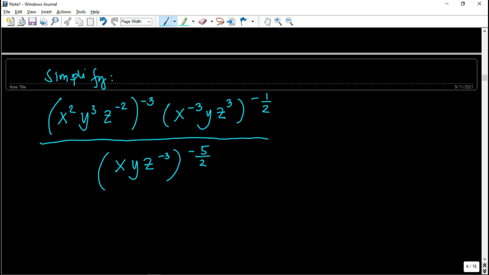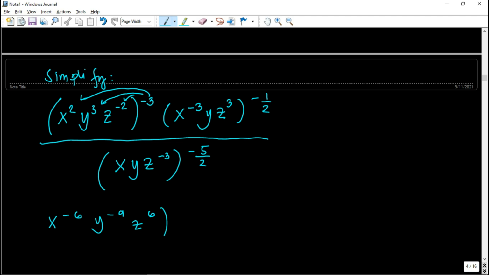So we have here x squared. We just multiply the exponents. So 2 times negative 3 is negative 6, so this becomes x raised to negative 6. Then 3 times negative 3 is negative 9, so y raised to negative 9. Then negative 2 times negative 3: negative times negative is positive, so this becomes z raised to 6.